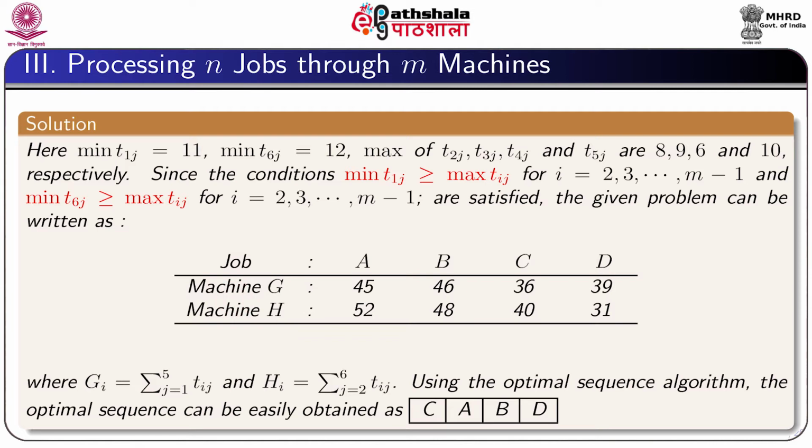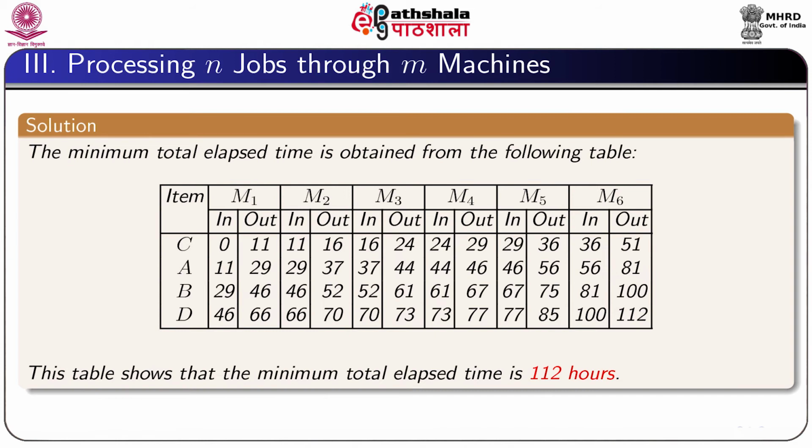Then using the optimal sequence algorithm which we have already developed, the optimal sequence can be obtained as C, A, B and D. Based on this optimal sequence, the total minimum elapsed time can be obtained from this table, and as you can see, the minimum total elapsed time is 112 hours.